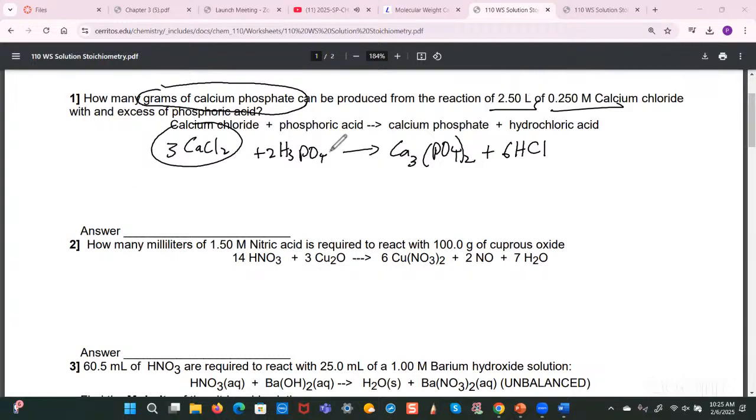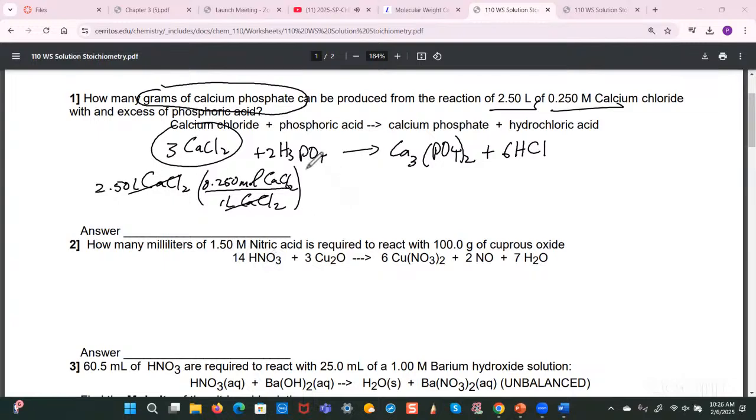So you're going to do 2.50 liters of calcium chloride, and multiply that by the molarity, which can be expressed as 0.250 moles of calcium chloride for every 1 liter of calcium chloride. So this goes with that. Now we have calculated up to this point the moles of calcium chloride.